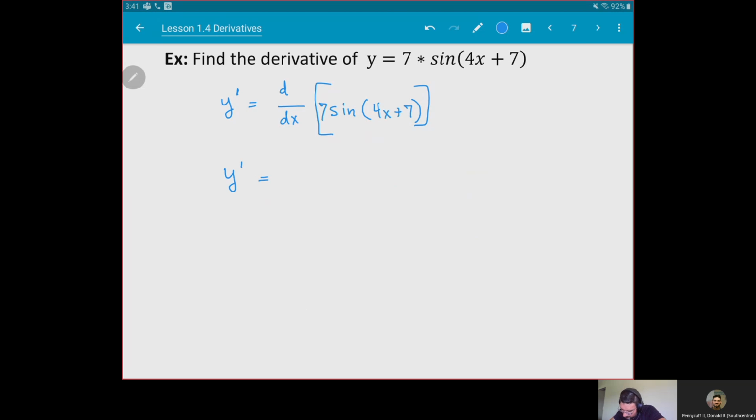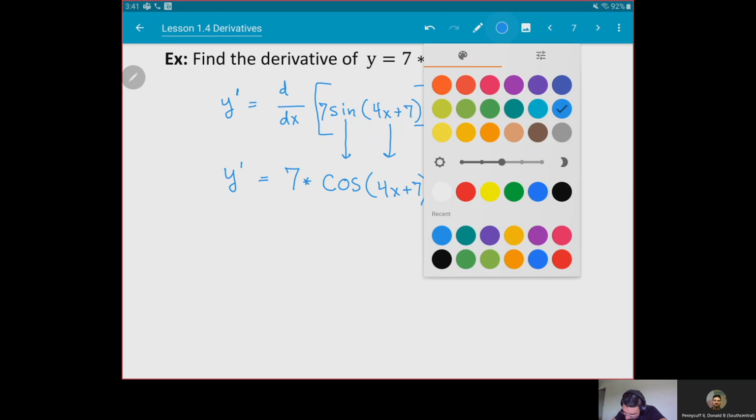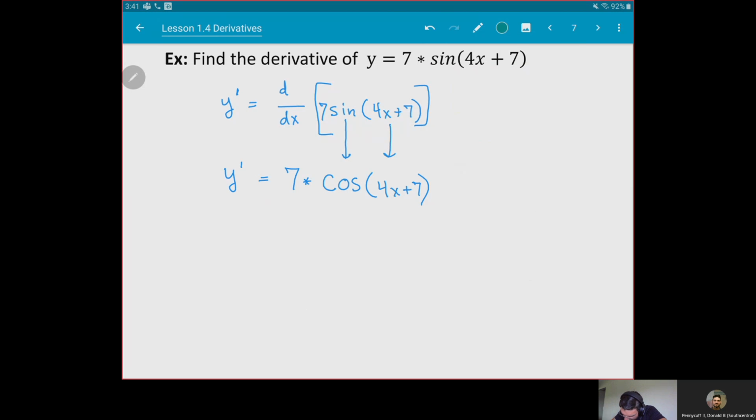Okay. So the 7 comes down. The derivative of sine is cosine. The parenthesis comes down untouched. And then chain rule kicks in. I have to multiply by the derivative of the inside of the parenthesis. Okay.